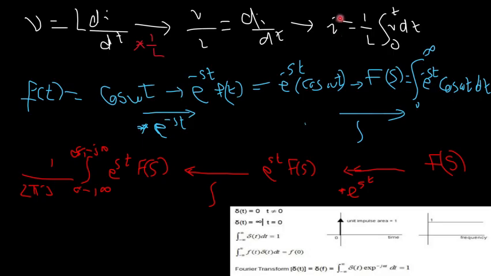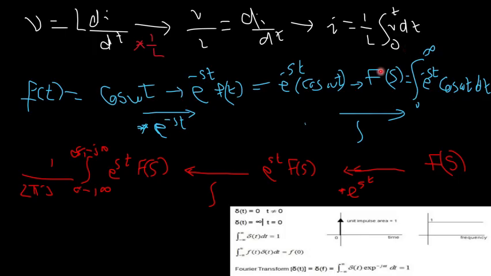Like we did here, after we take the integration, we define the left-hand side as the current as a function of time, i of t. The same here. After we multiply by e to the minus st, we will take the integration of both sides and we will call the left-hand side the Laplace transform of f of t.